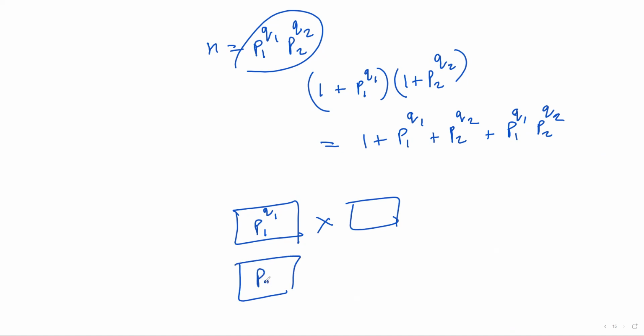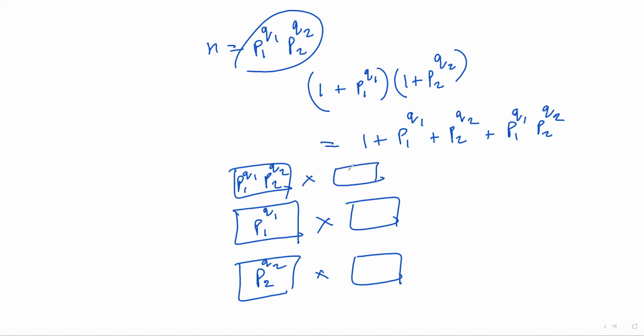Again, if I am going to take p2, I have to take q2, and everything remaining goes in the second box. Another choice is taking p1 and p2 both, with q1 and q2 as their powers. There was no choice of power here, and just 1 remains in the last box. In this box, you have p2 to the power q2.